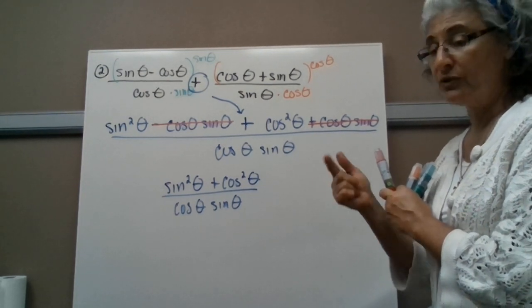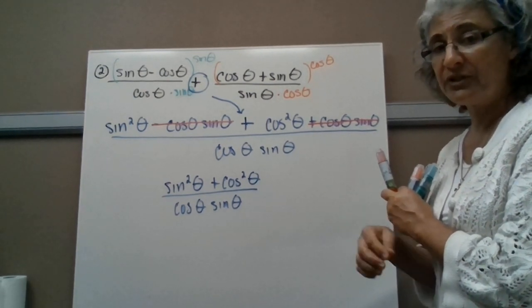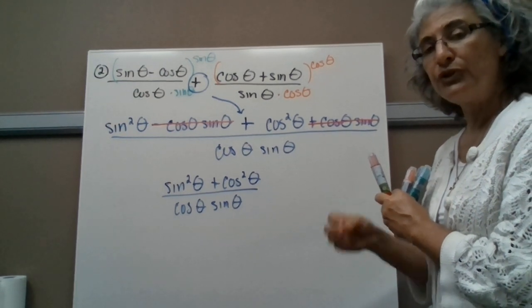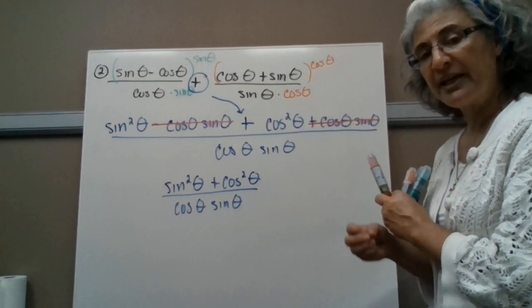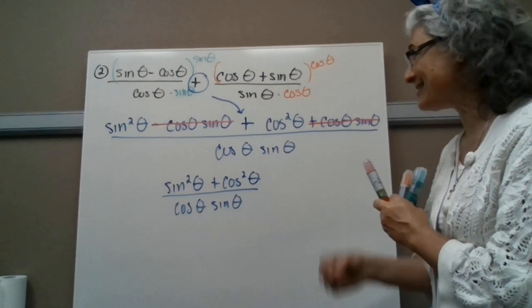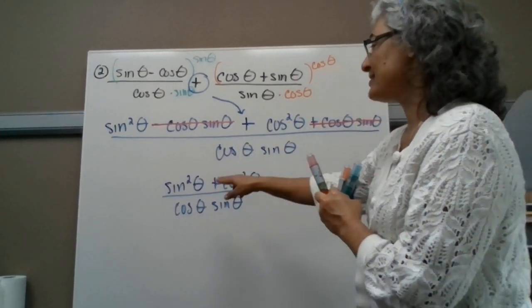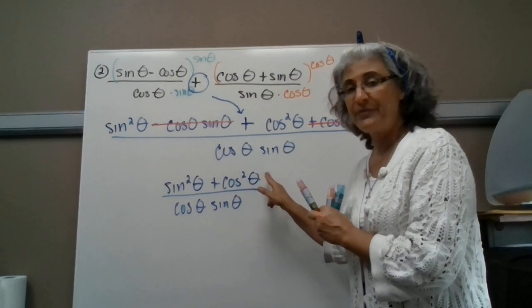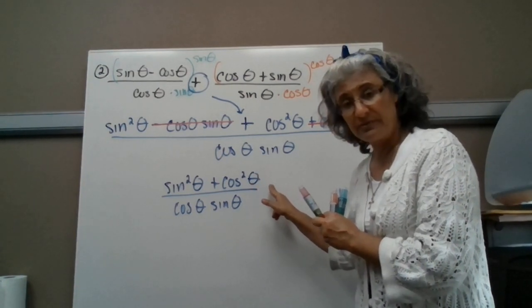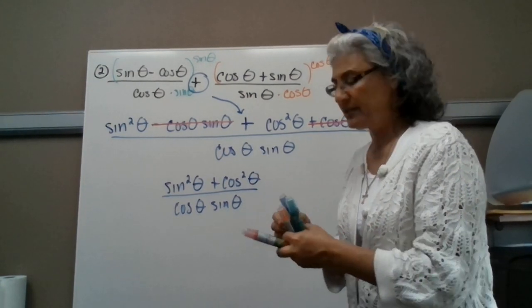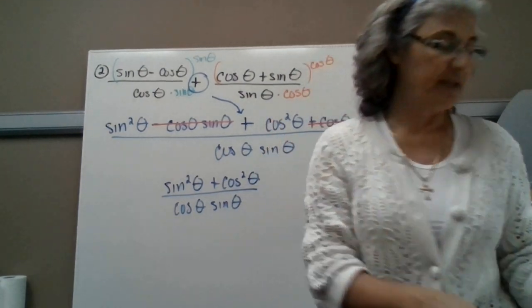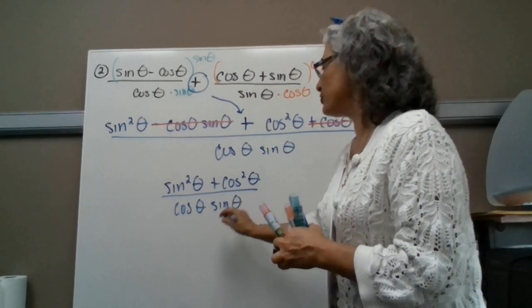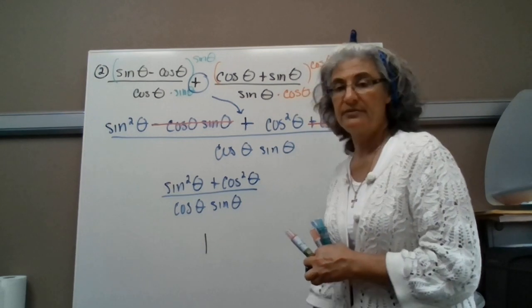If you look back in this video, or hopefully you took some notes, you will notice that we have a Pythagorean trig identity that says if I take sine squared of theta plus cosine squared of the exact same theta, what does it equal? I hope you said it. It equals 1, which means the numerator will become a 1.